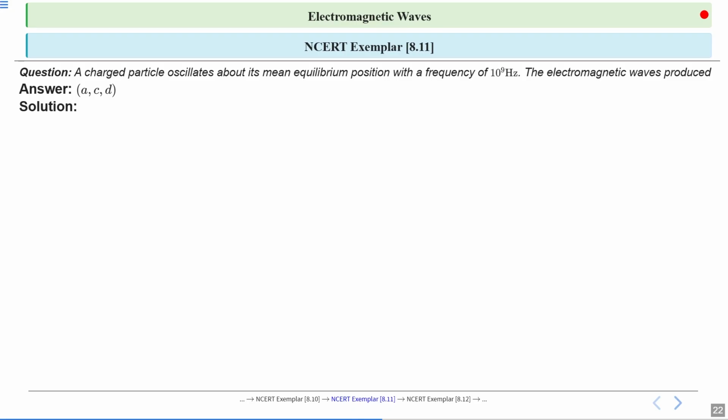So A, C and D, these three options are correct. Only B option is incorrect.